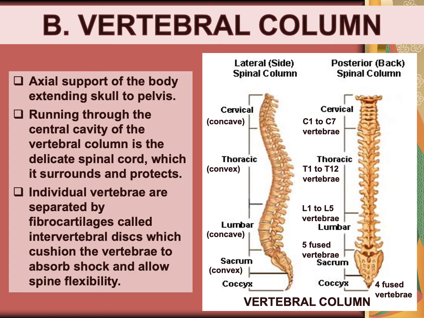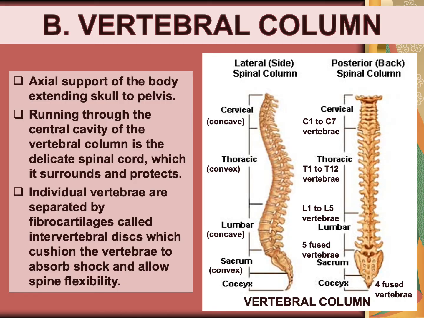The vertebral column is the axial support of the body, extending from the skull to the pelvis. The skull is supported by the vertebral column, while the pelvis is where the vertebral column transmits the weight of the body going to the lower limbs. Running through the central cavity of the vertebral column is the delicate spinal cord, which it surrounds and protects.